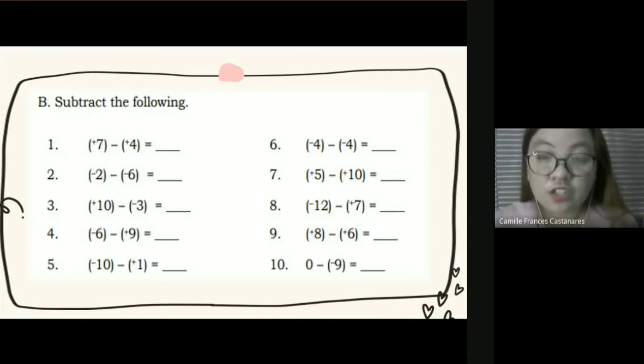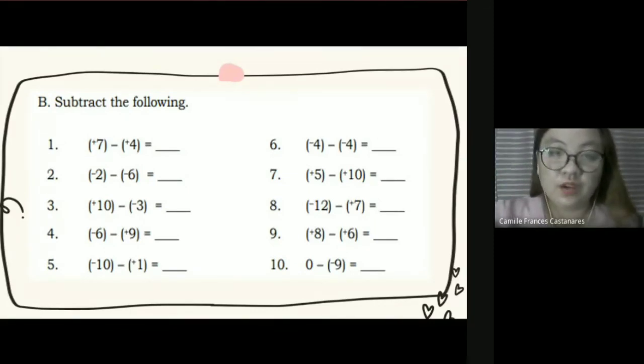After keep, change, change, i-apply natin yung addition rules sa integers. Okay? Again, hindi mo i-minus agad, hindi mo ipa-plus agad. Titignan mo muna kung same sign or different sign. Again, after the keep, change, change, you will apply or follow the rules in adding integers. Okay?